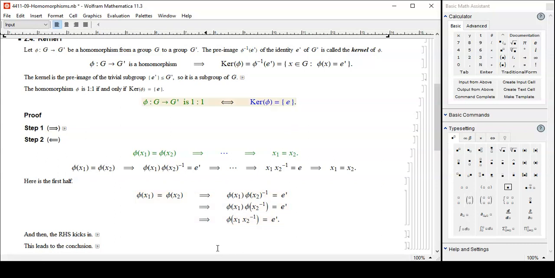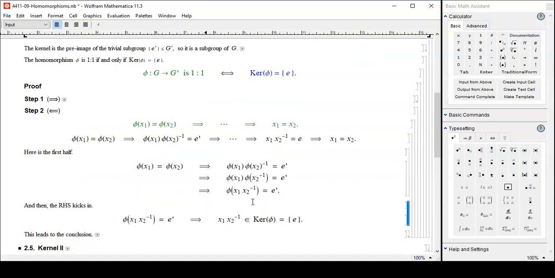Well, let's make this observation. Phi of this element is E prime, which means this element belongs to the kernel. But then again, the kernel is just E. So if this element belongs to the singleton, then this thing must be equal to E.